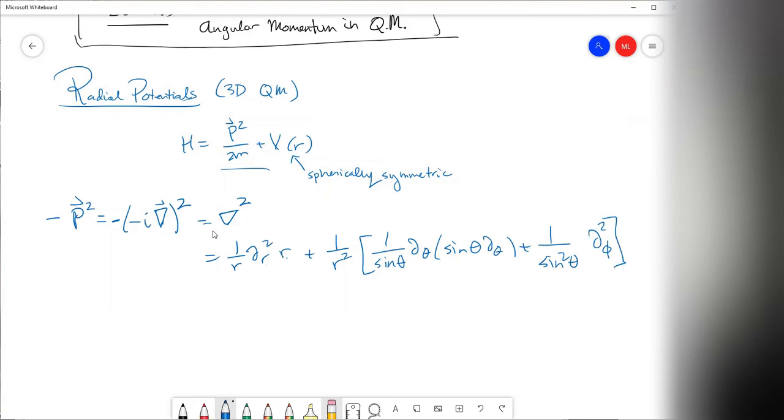This is L squared. Or actually it's minus L squared. So all of this is 1 over r, two derivatives with respect to r, plus 1 over r squared L squared.